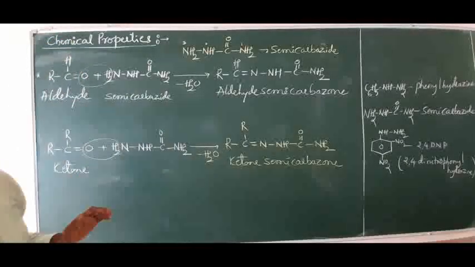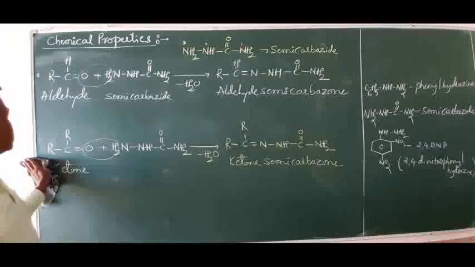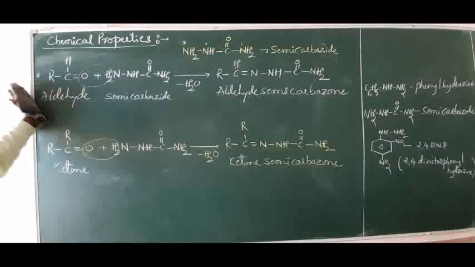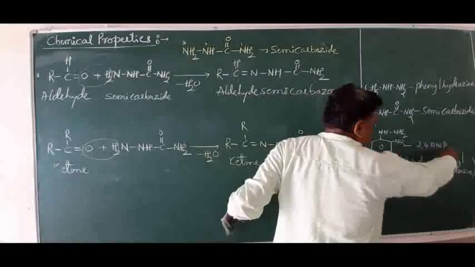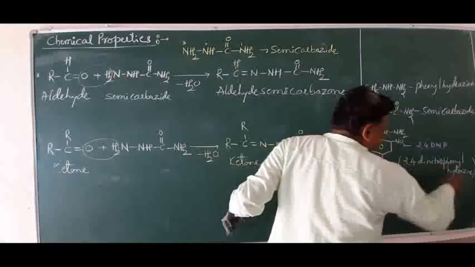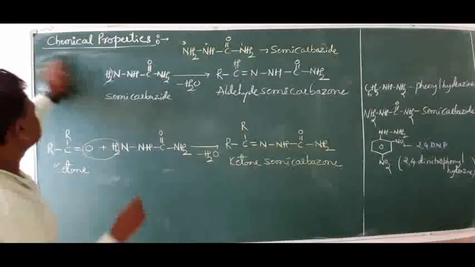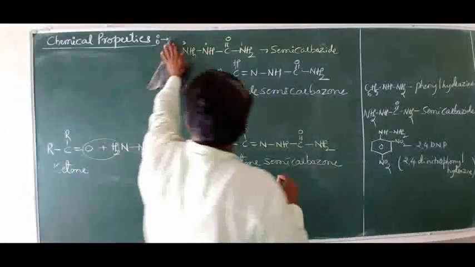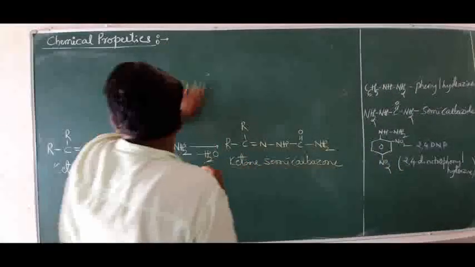After this semicarbazide reaction, there is one more condensation reaction mentioned in our syllabus: 2,4-DNP, 2,4-dinitrophenylhydrazine. What happens? This DNP reacts with either aldehydes or ketones in condensation reactions.